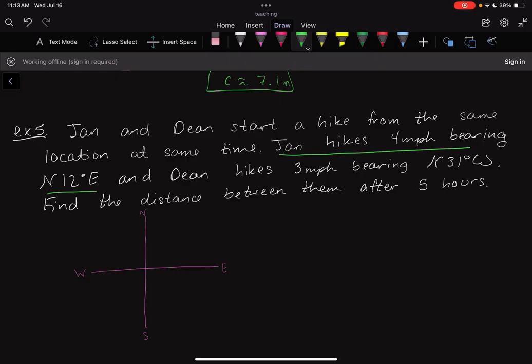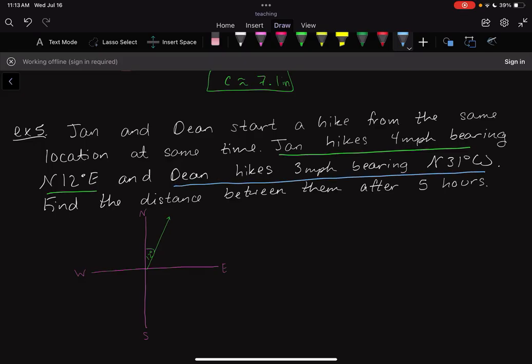So I'm going to do Jan in green. She hikes north 12 degrees east. What this is saying is she's mostly going north, but she's about 12 degrees over to the east. So this inside here is 12 degrees. And then Dean, I'll do in blue.